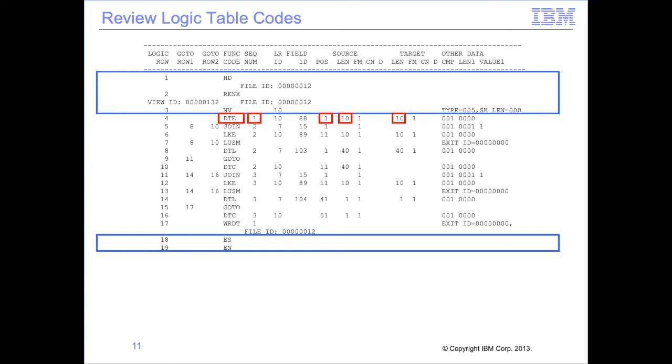Additionally, it also contains a DTE data from event file field function. This data is for column 1 of the view, indicated by the sequence number. The source data starts at position 1 for a length of 10 bytes. Under the target section of the report, we can see that this data consumes 10 bytes in the target extract record.